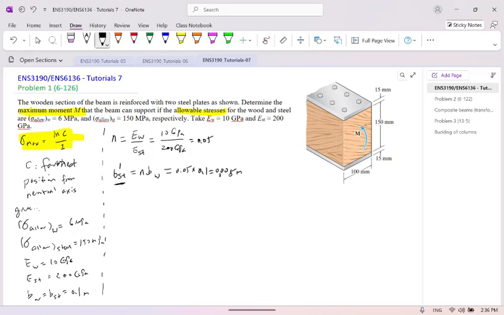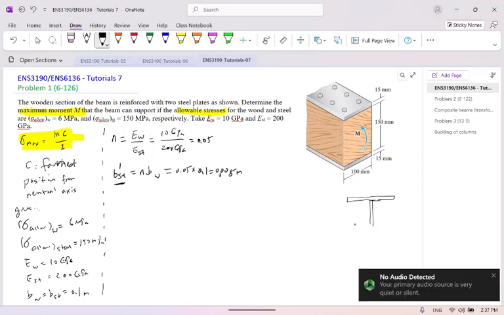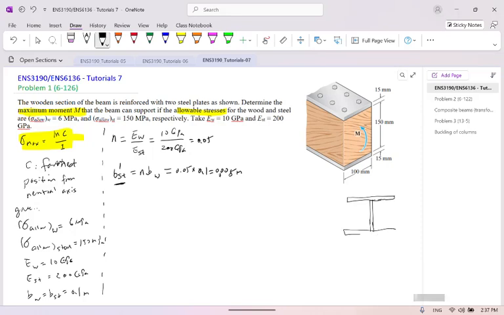Now we should draw the structure here. You should draw it roughly. From here, we get the structure. This side is 0.1 meters.